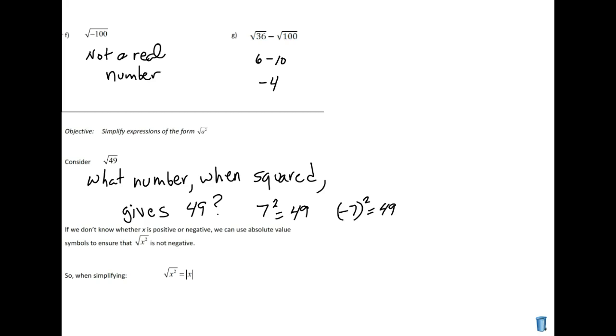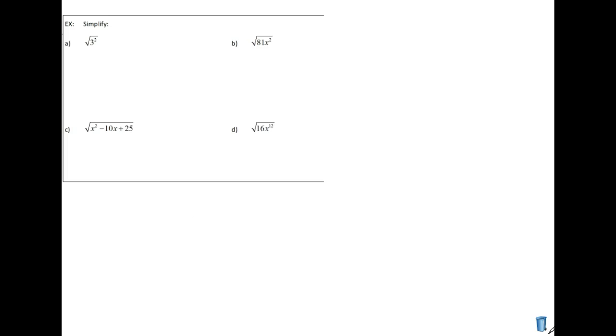Whenever we're starting to work with variables now, unless it says assume that the variables are non-negative, we're going to need to imply or include those absolute value symbols. Okay, so let's take a look at what that looks like. Well, the square root of 3 squared, that's the same as the square root of 9, and again we're looking for the principal square root, so that's just 3. We don't need to put an absolute value because 3 is already positive.